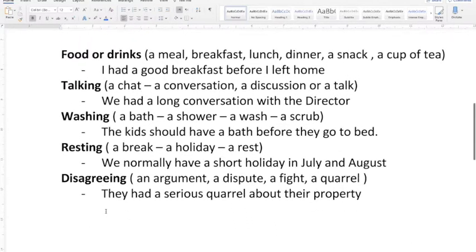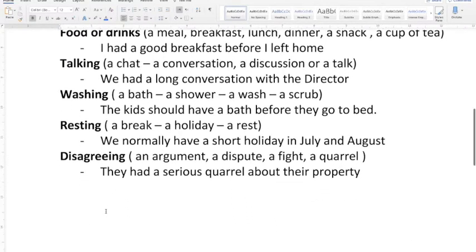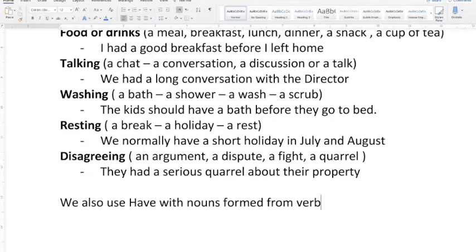Please also note, in addition to all we have discussed here, I can also talk about a certain note by saying that we also use have with nouns formed from verbs. So sometimes if you're forming a noun from the verbs, you can also use that.